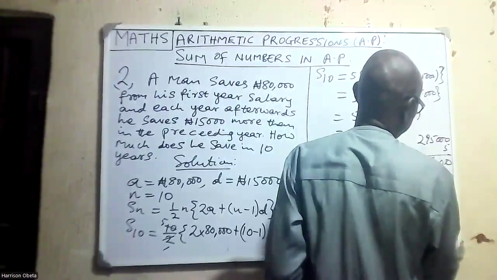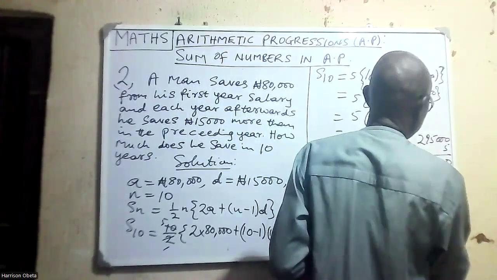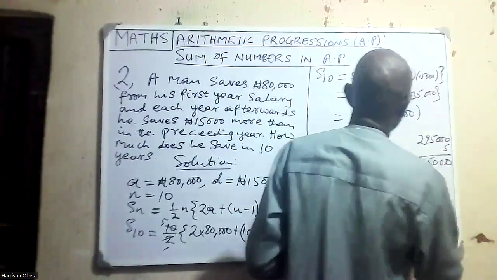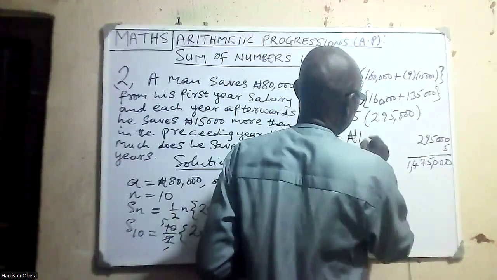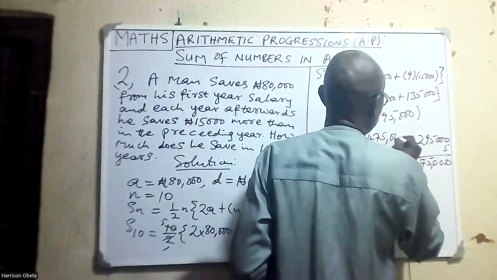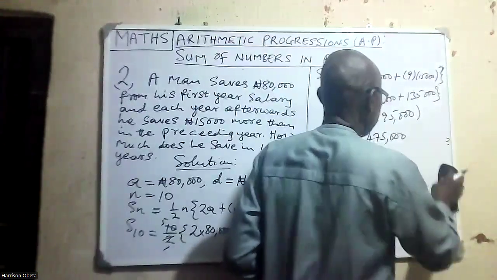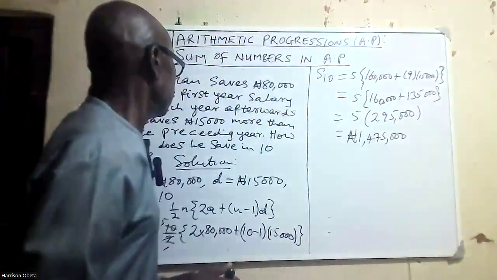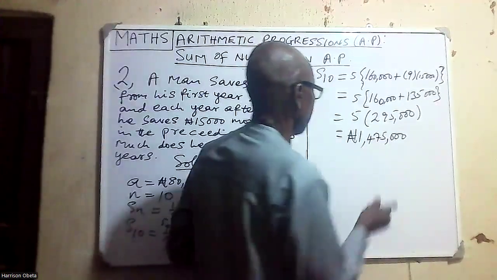That is 1,475,000. So we now have 1,475,000 as our final answer. So in 10 years, you're supposed to save this amount.